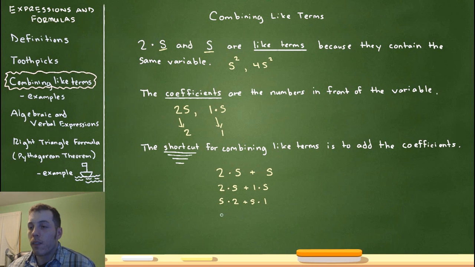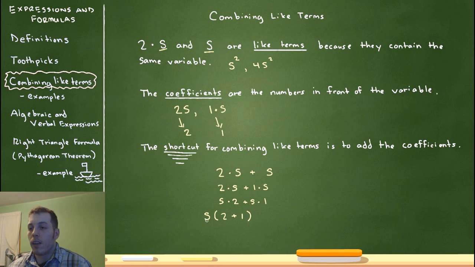Through the reverse of distribution, we could say, okay, since this expression and this expression both have an s, we could factor out an s. And I didn't talk about factoring yet, but factoring is the reverse process of distribution. And so when we factor or reverse distribute, we have a 2 left over and a 1.